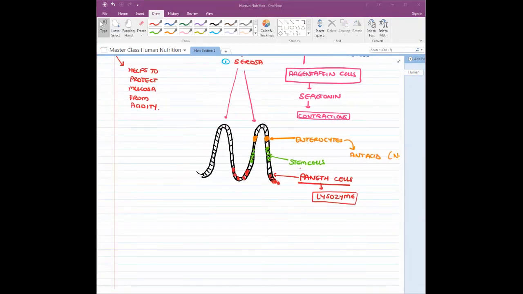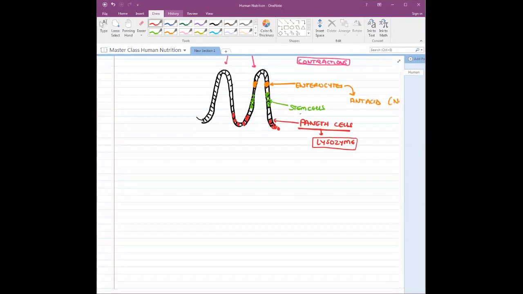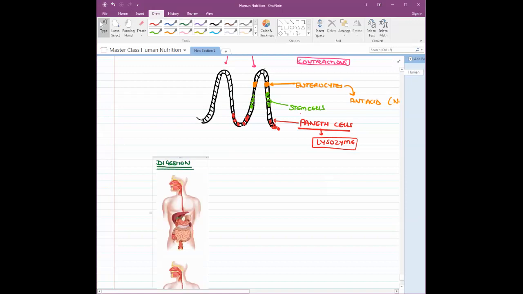Okay, so now guys, during digestion, you are going to see various reactions, the entire digestion process. But how is the best way to remember this?